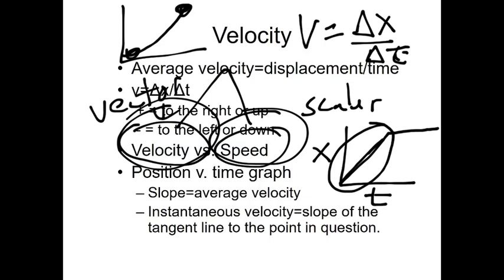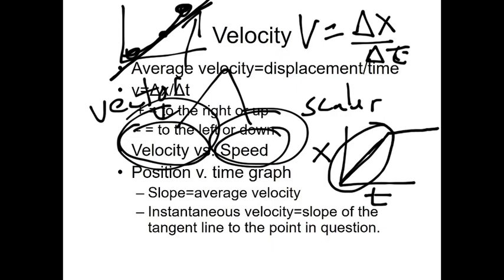To calculate that, you're going to draw in what's called the tangent line. So let's say we wanted to know the exact speed at that point right there. We would get a straight edge and draw a tangent to the curve. Then we would pick any 2 points on this tangent line and calculate the slope by doing delta y over delta x.